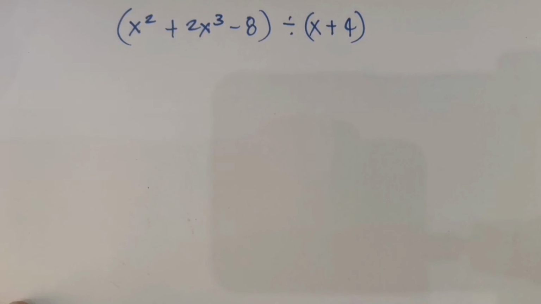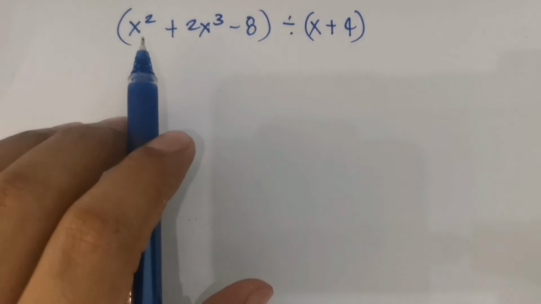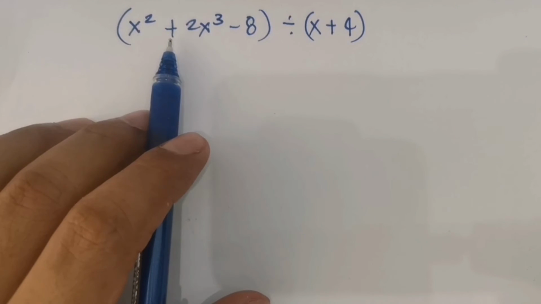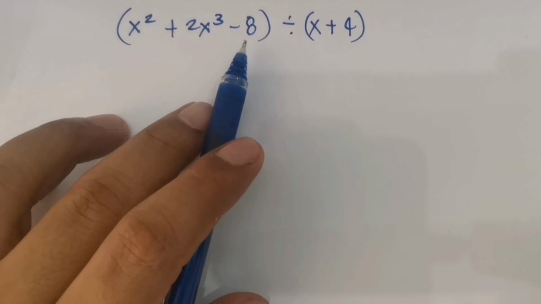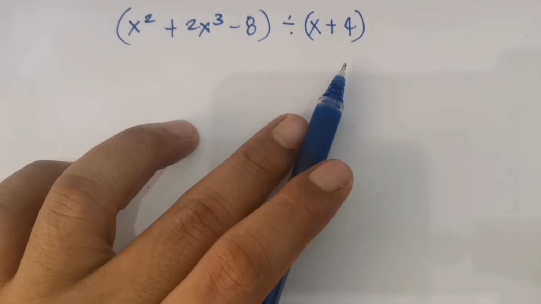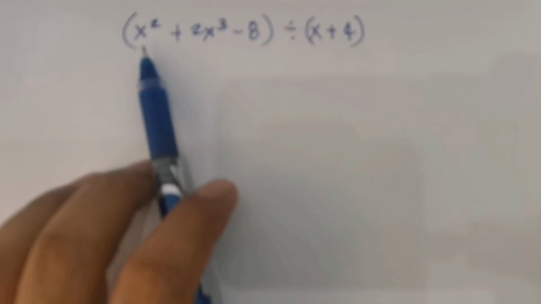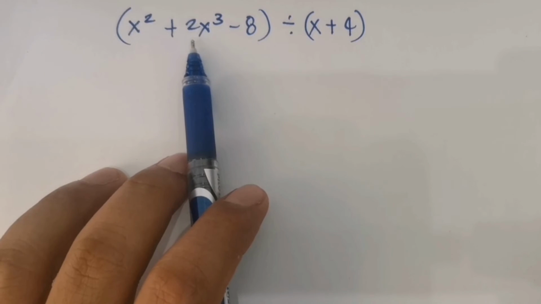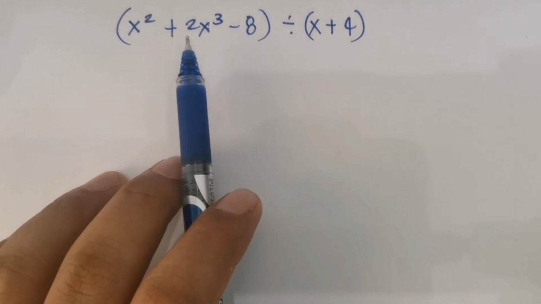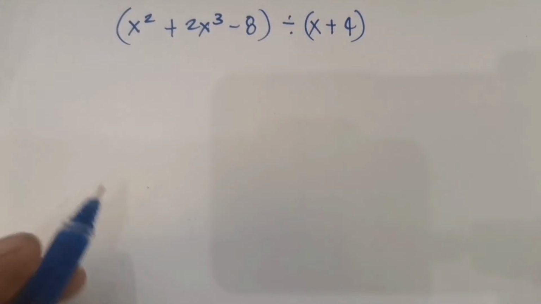Okay? Okay, let's move on with the last example. The given is x squared plus 2x cubed minus 8 divided by x plus 4. Okay, so you will notice here that the given or the dividend is not arranged in decreasing order. First step is to arrange this in decreasing order.